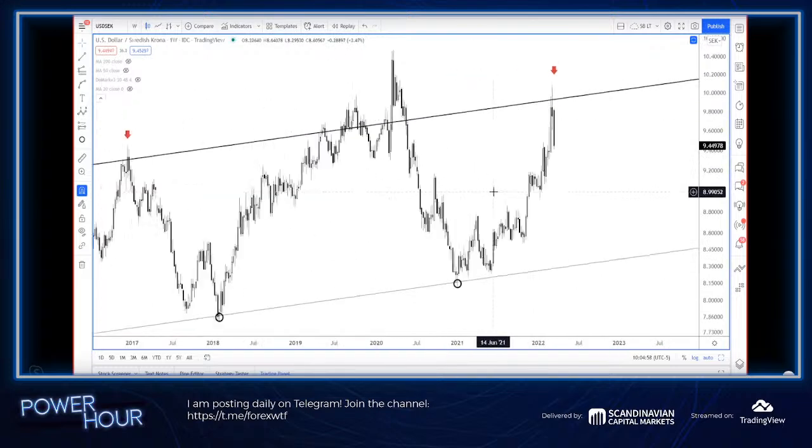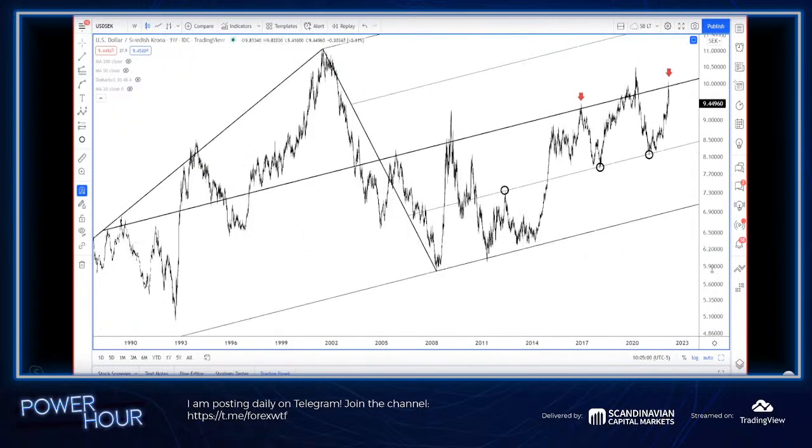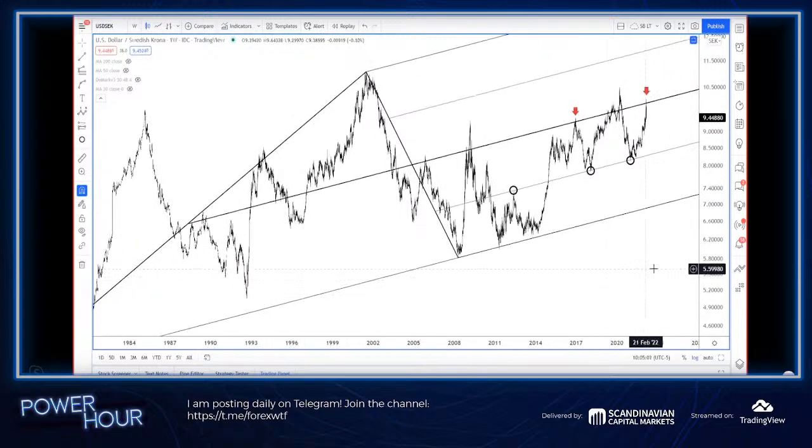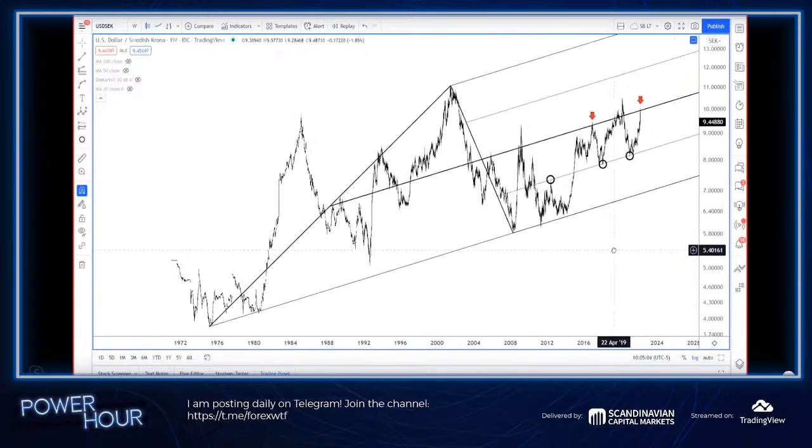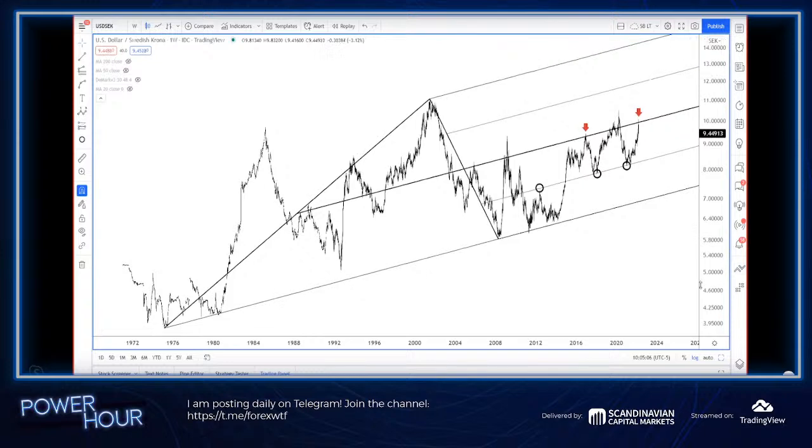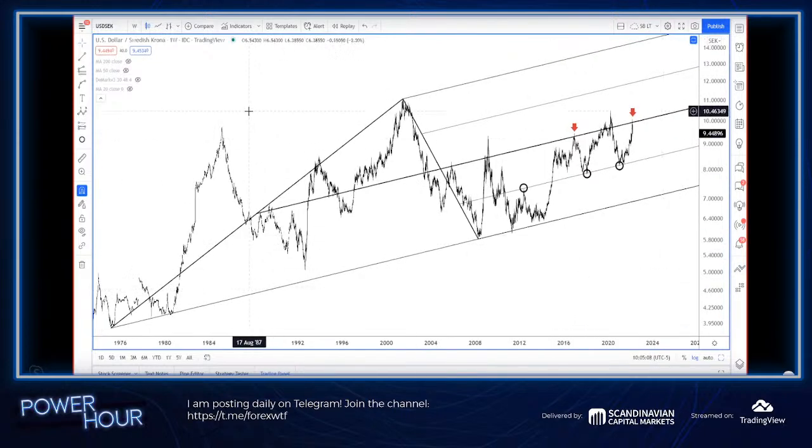All right. Now, here's the thing. I don't pretend to know what's going to happen. I'm bearish into this level because it's resistance, right? A level's a level until it's not. Resistance is resistance until broken, support until broken, and then you look for the alternate, the opposite, to happen.